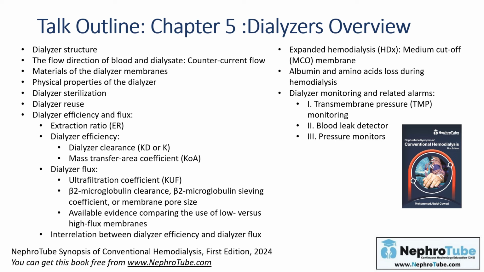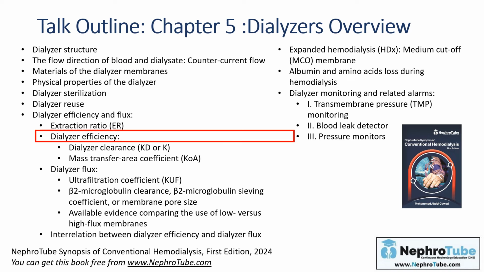Now we can go safely through dialyzer efficiency and dialyzer flux, and I will start with dialyzer efficiency. Before going into how to measure dialyzer efficiency, I want to mention what dialyzer efficiency denotes.